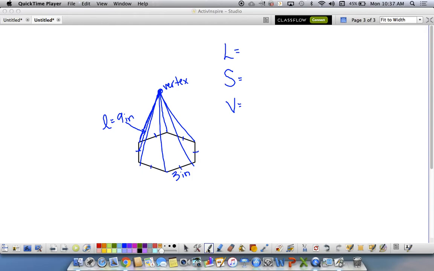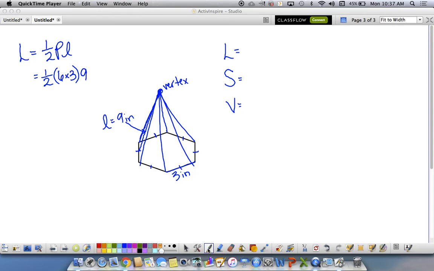I don't have my calculator handy either, but we'll go with it. Lateral area. What was the formula for lateral area? L equals 1/2 PL. So 1/2, what's the perimeter of the base? Well, every side is 3 inches, and we have 6 sides. So 6 times 3, and then the slant height, the L, is 9.